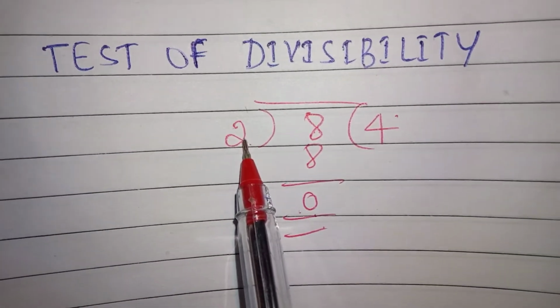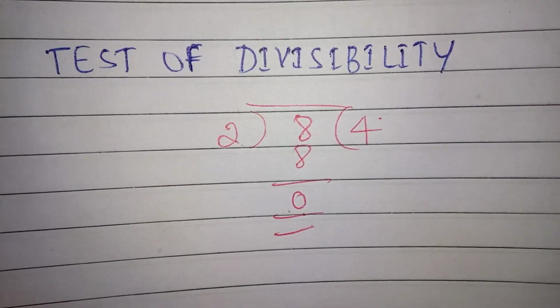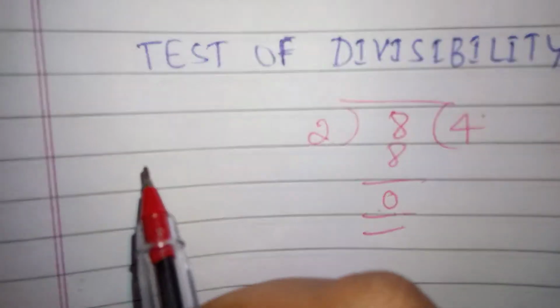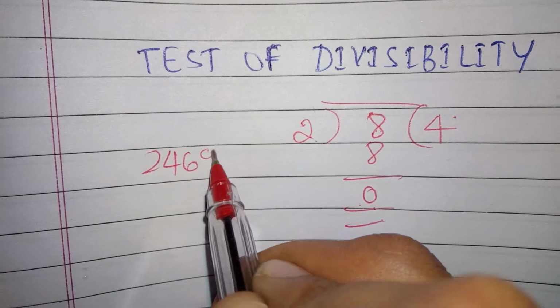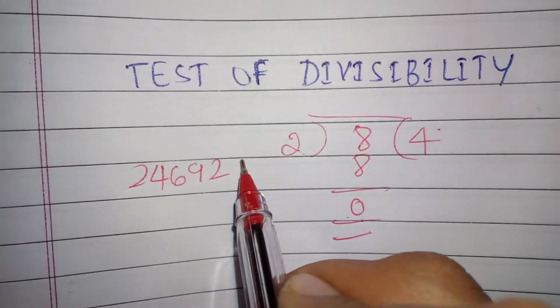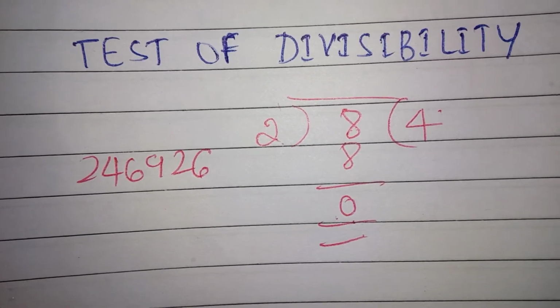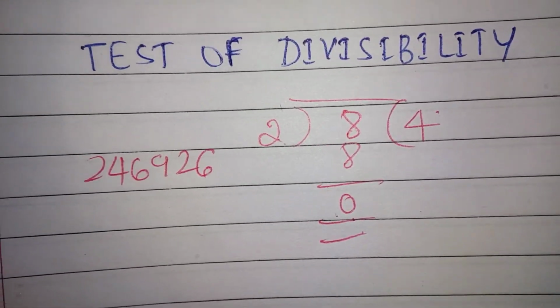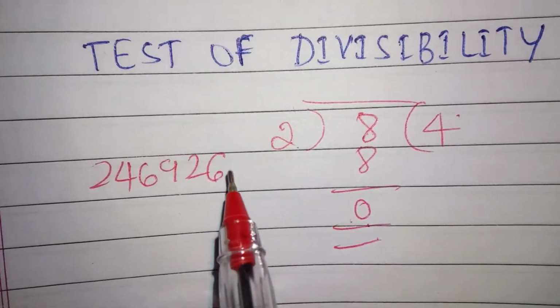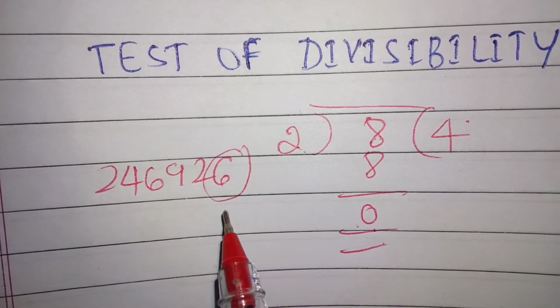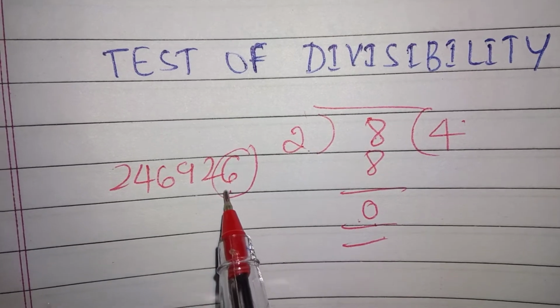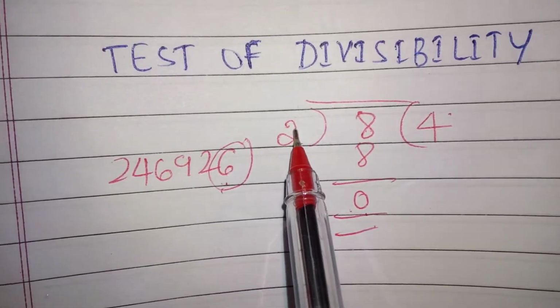One more point you need to keep in mind: if they give a big number, like 2, 4, 6, 9, 2, this is a big number. With 8, you easily got to know that it is divisible by 2, but this is a huge number. Always look at the last digit: if it is even, it will be divisible by 2.